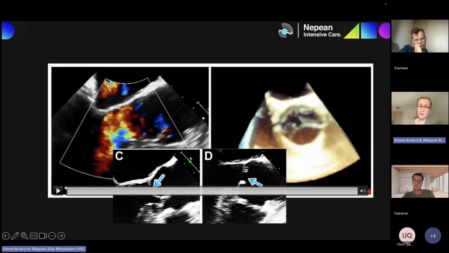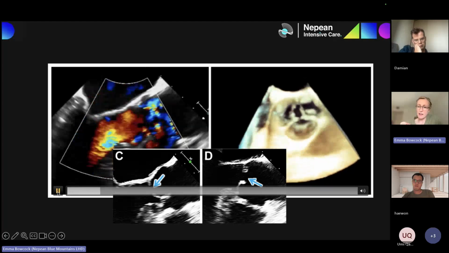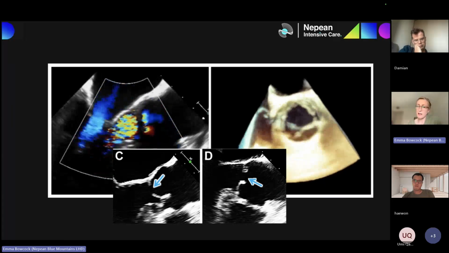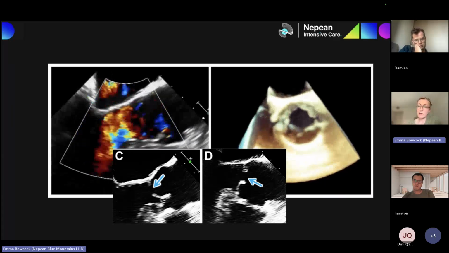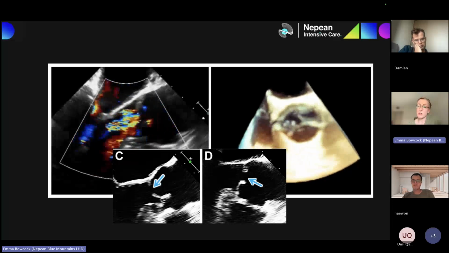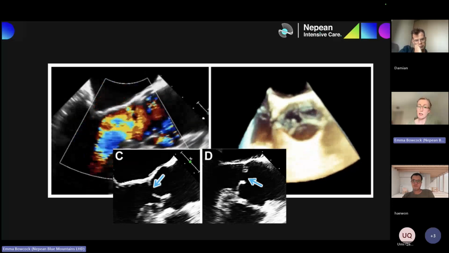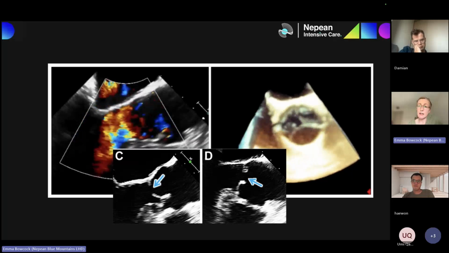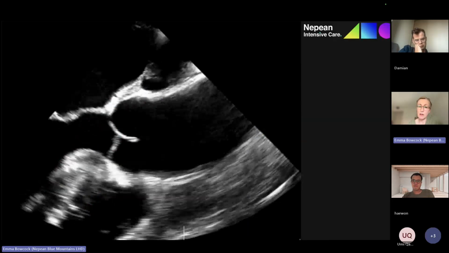And then the mechanism, you've got an actual defect in the leaflet itself. So you're already thinking, could this be a severe regurgitation associated with the leaflet defect? And then of course you would go on to check more things and try to grade the severity of that, which we'll come on to.